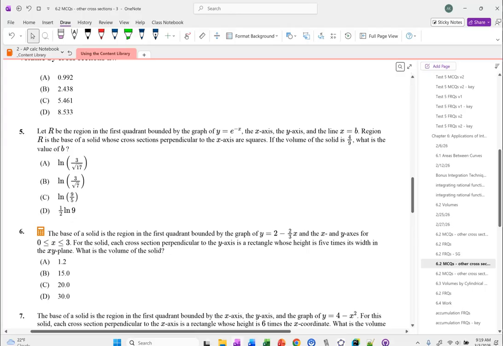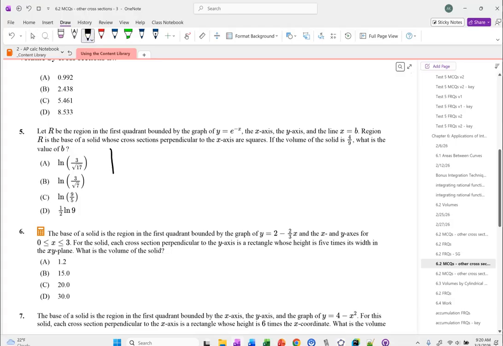All right, it says, let R be the region in the first quadrant bounded by the graph of y equals e to the negative x, the x-axis, the y-axis, and the line x equals b. Region R is the base of a solid whose cross sections perpendicular to the x-axis are squares. If the volume of the solid is 4/9, what is the value for b?